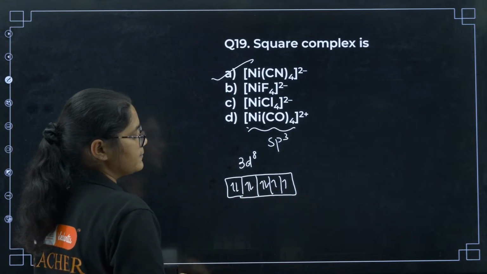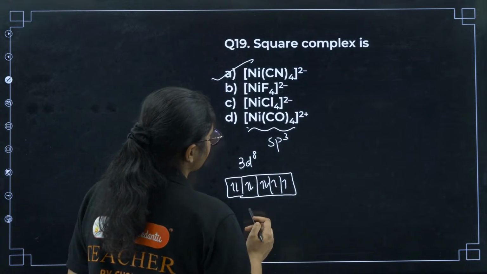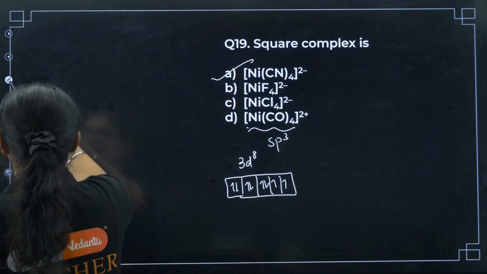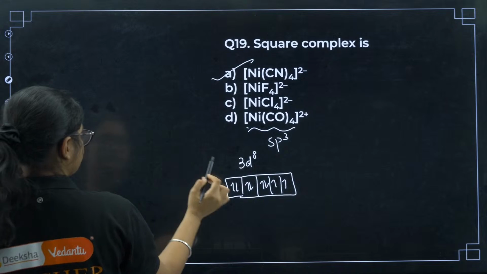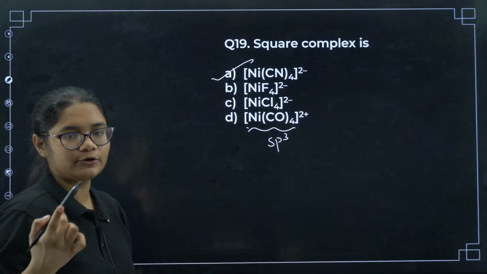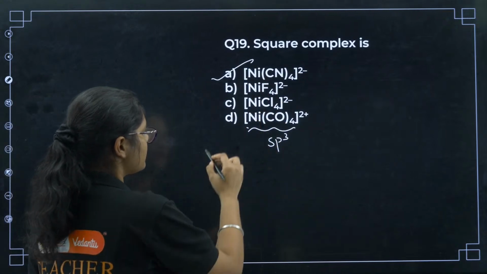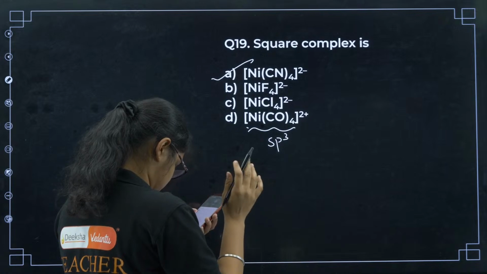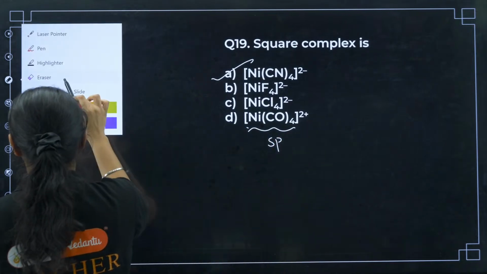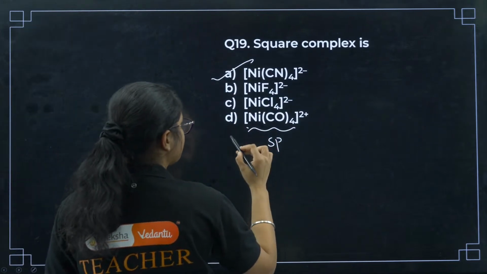Okay, [Ni(CN)4]2- has a strong field ligand, so with nickel 2+ there will be this arrangement. And I think, yes, D can also be the answer. 19D is also correct here.